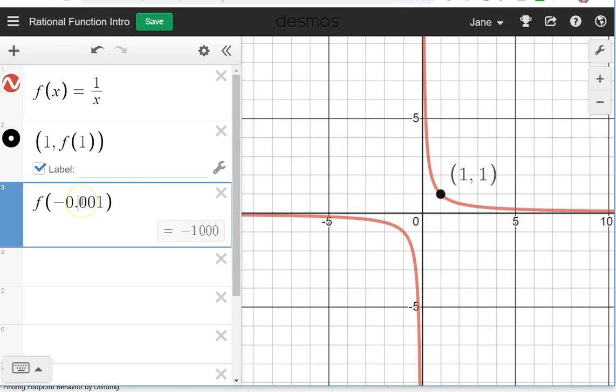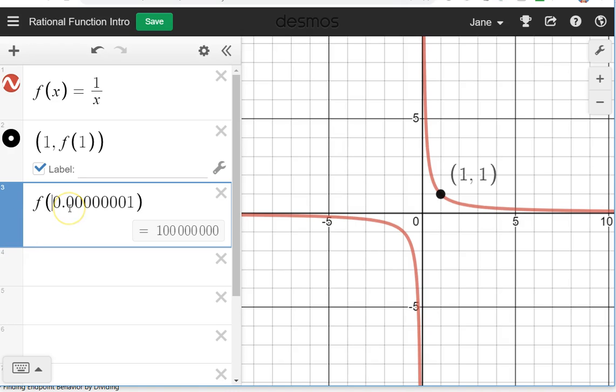If we keep adding some zeros in here, notice that y keeps getting bigger and bigger, but in the negative direction. Or if this were a positive number, y would get bigger and bigger in the positive direction. So what we say is that as x approaches 0, y approaches positive or negative infinity.